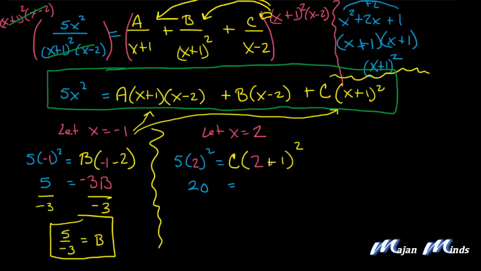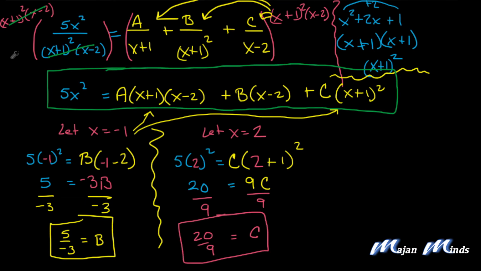And this is 3 squared, which makes 9, so 9C. Divide here by 9 and here by 9, so we get C equals 20 over 9.